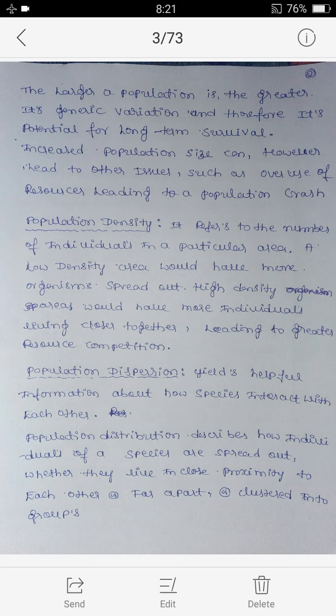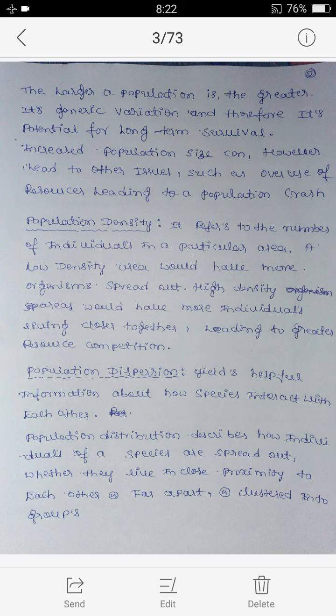Next is population density. Population density refers to the number of individuals in a particular area. A low density area would have more organisms spread out.